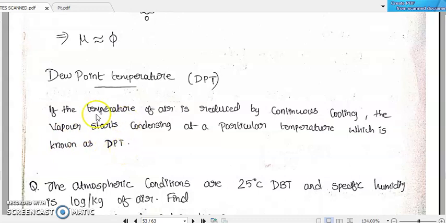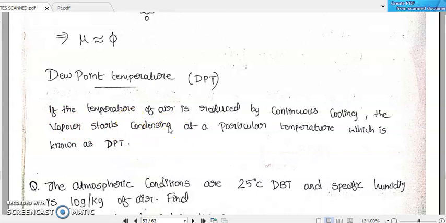So how is this morning dew formed? During the night, the temperature of the atmospheric air slowly gets reduced little by little. After reaching a particular temperature, the water vapor content in that atmospheric air will start condensing on all the available surfaces.